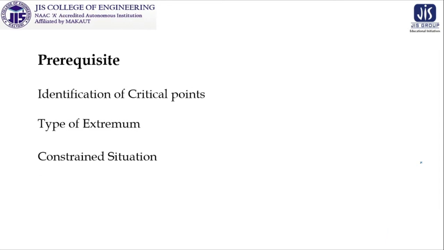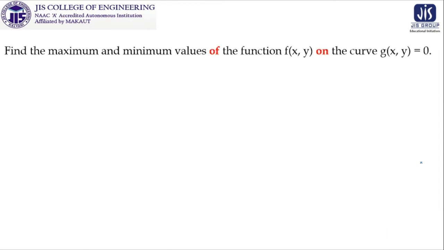So we are proceeding further. We have to find the maximum and minimum values of the function f(x,y). Up to this, we have already learned what to do and how to do it. But in this constrained situation, we have to find the maximum and minimum of the function f(x,y) on the curve g(x,y) equal to 0.